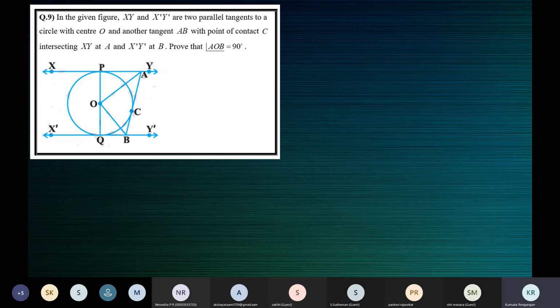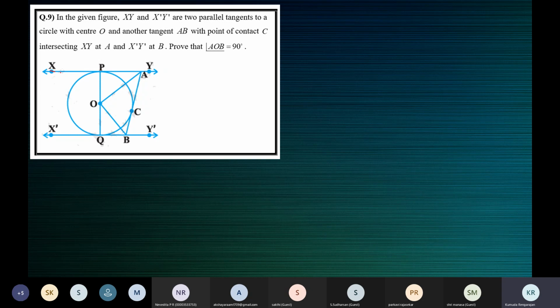Okay, that means POQ should be the diameter. If two tangents are parallel to each other, then if you join their points of contact, P and Q, that will pass through O and it will be the diameter to the circle. If two tangents are parallel to each other, then the line segment joining their points of contact will be the diameter to the circle.